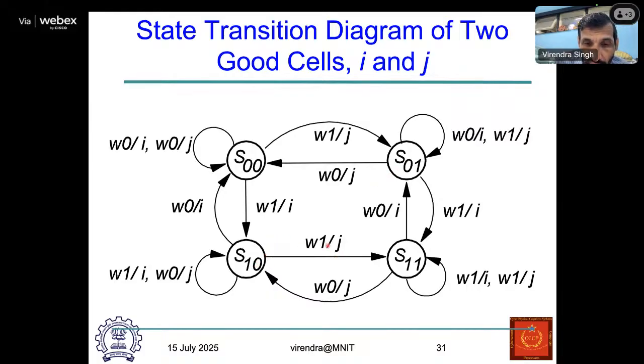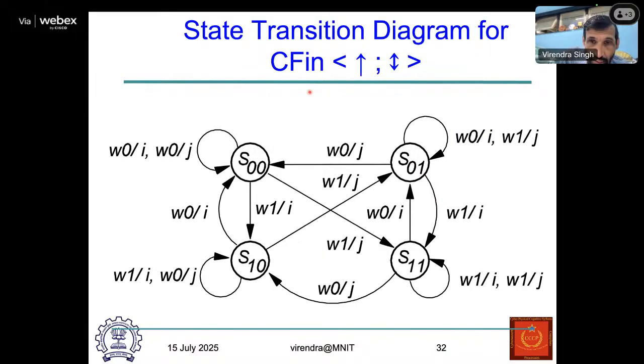So this transition will change to this particular transition. Here in inversion, I'm referring that there is a transition on the jth cell and the ith cell flips.